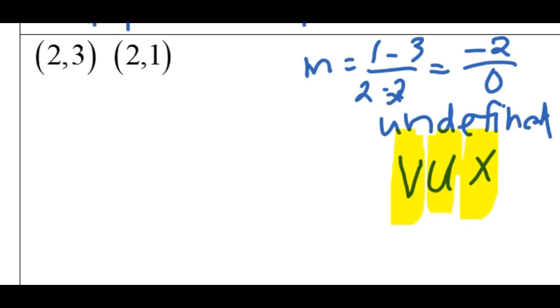Well, in this case, my x values for both of these points, from 2, 3 and 2, 1, the value of x is 2. So if I get an undefined slope and I go look at my x values, that tells me what my equation is. So the equation is x equals 2.